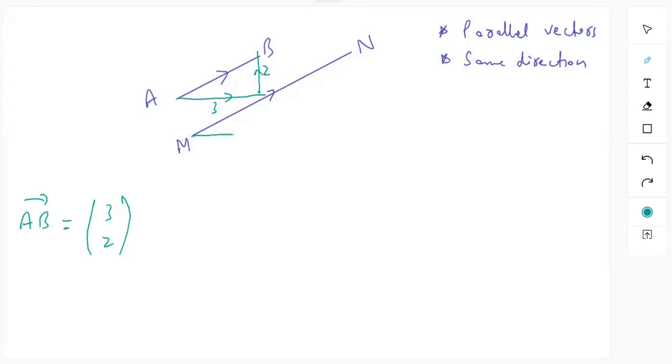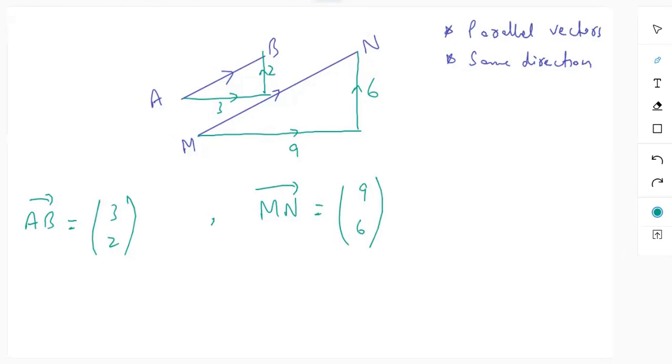Let's say we are going about 9 units to the right, and 6 units up. So दोनों vectors क्या होंगे? AB is going to be 3 and 2. MN vector is going to be 9 and 6. 9 on the x-axis, and 6 on the y-axis.